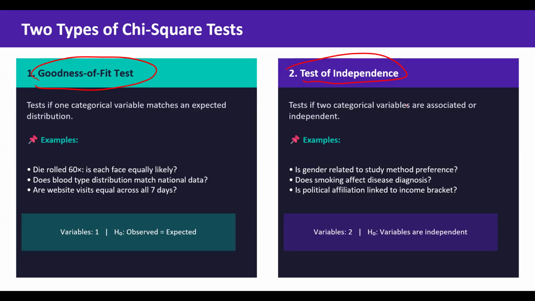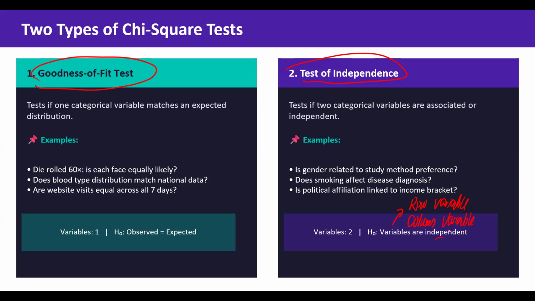For the test of independence, H0 is that the row variable and the column variable are independent.